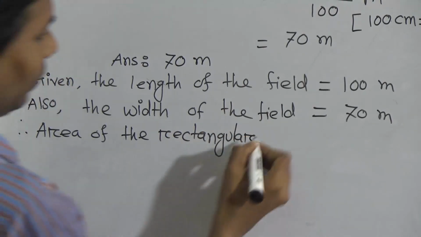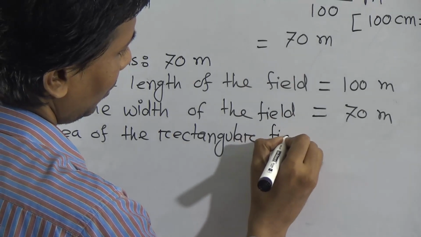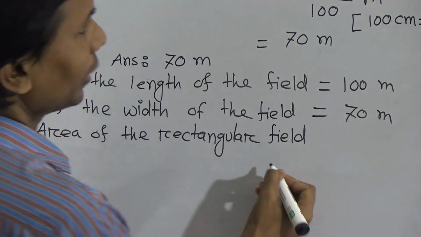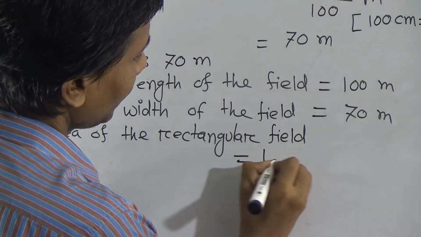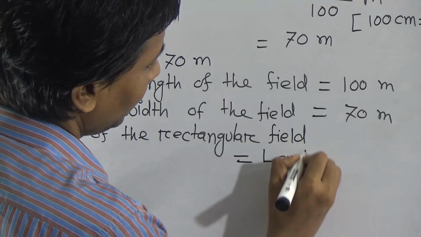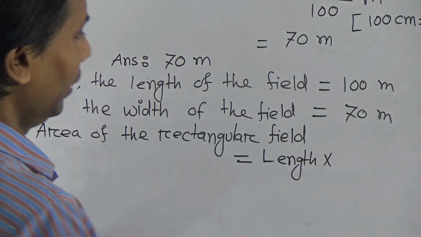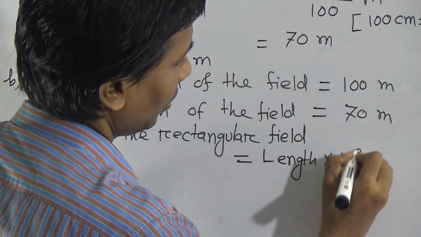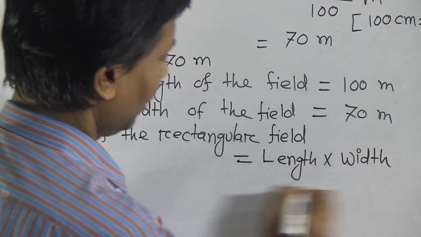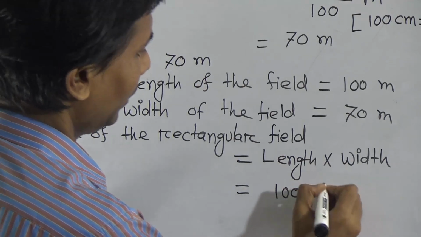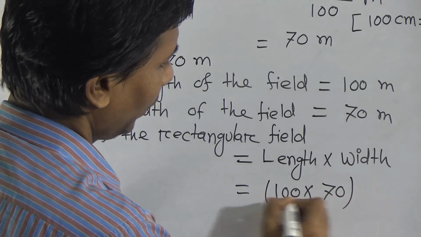Area of the rectangular field equal to what? Length into width. Length 100 and width 70. What is the unit?